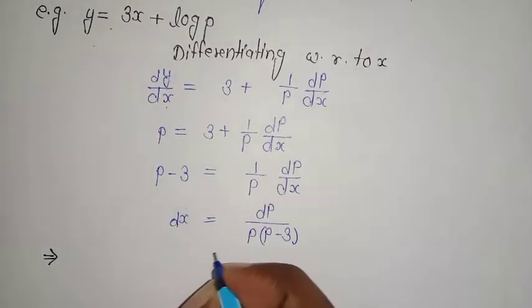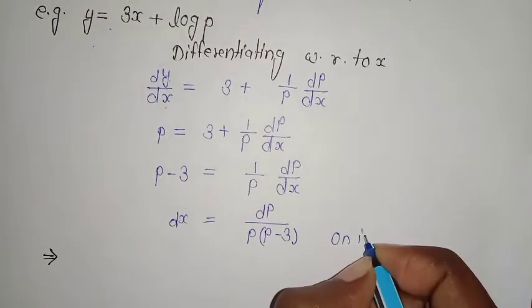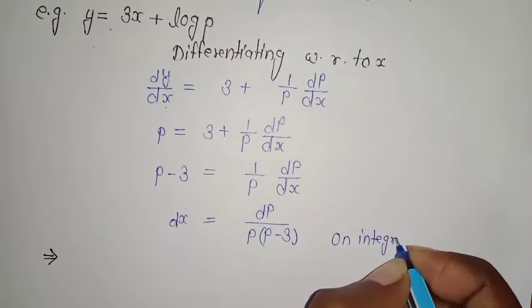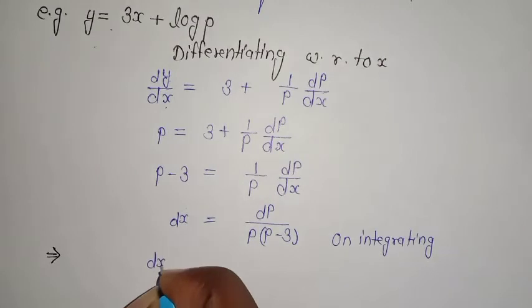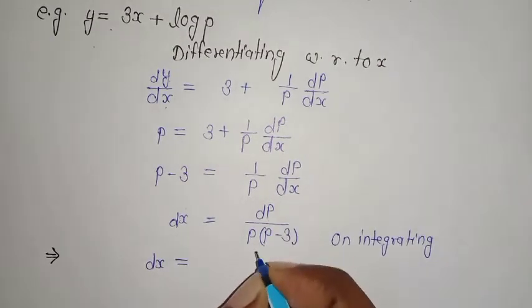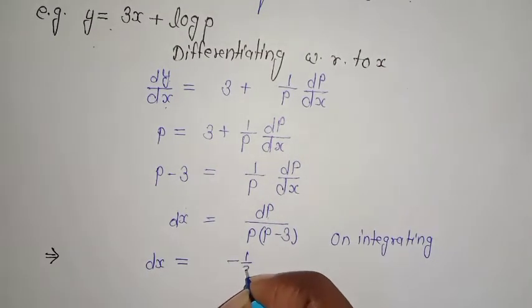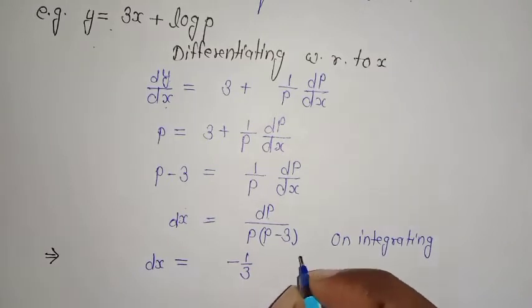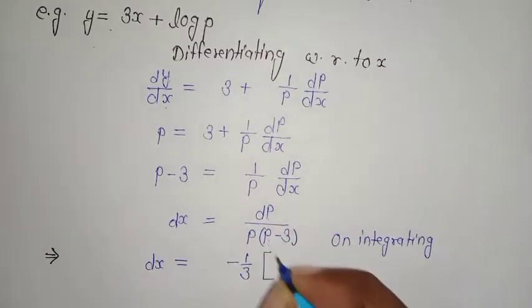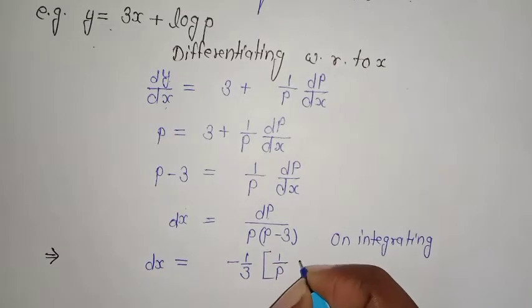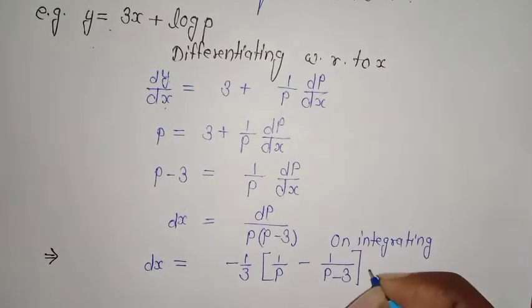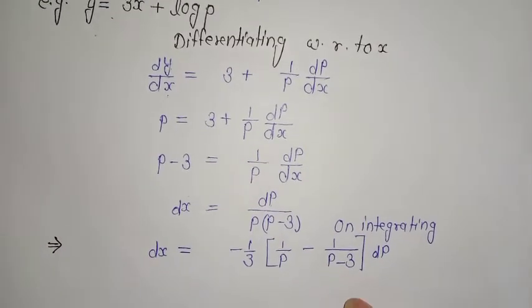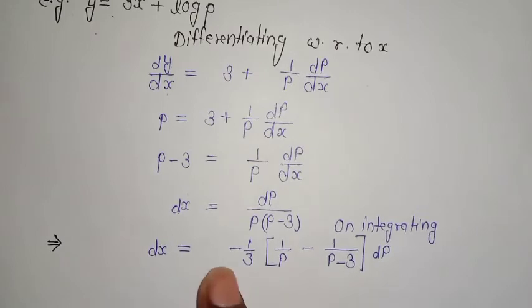Now on integrating, dx is equal to, firstly we will take the partial fraction on this term, then this becomes 1 by p minus 1 by p minus 3. I hope you understand this, because this is the 12th class concept, so you will understand this, okay?